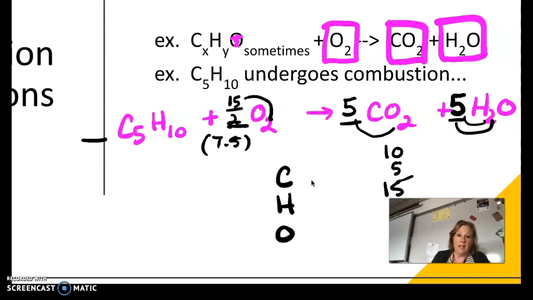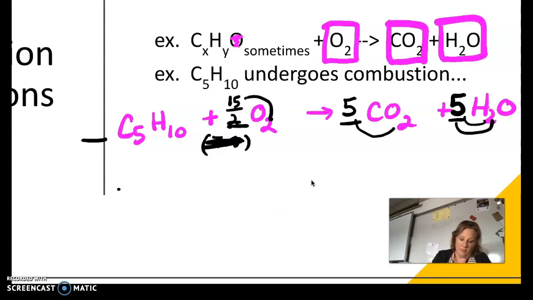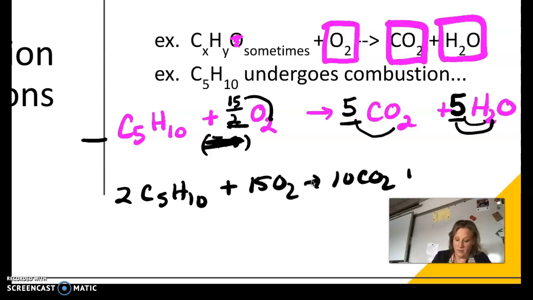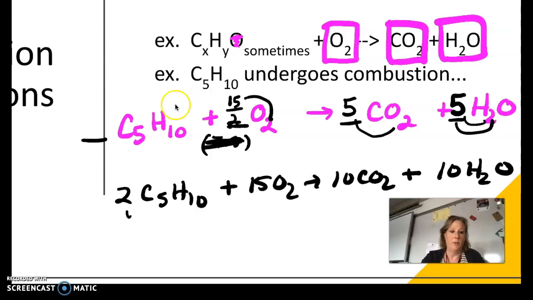And if you don't like it, and especially if you're using the 7.5, you want to get rid of that, then what you do is just multiply all of the coefficients by 2. So this would become 2, 15, 10, and 10. And remember, we can't reduce that. So that's a perfectly fine balanced chemical equation.